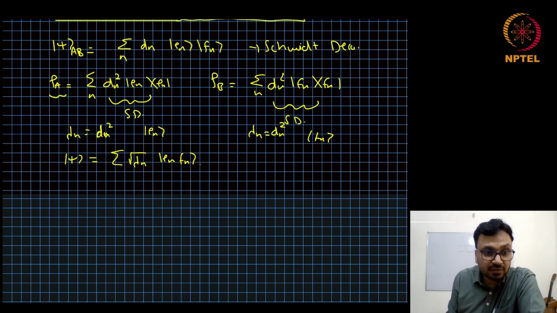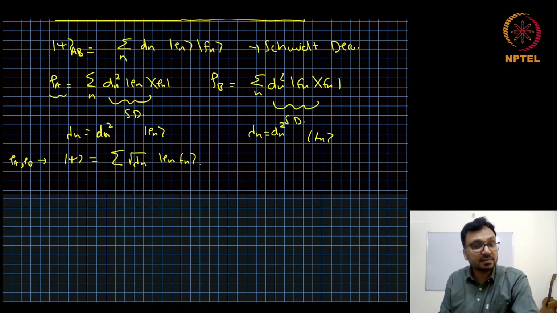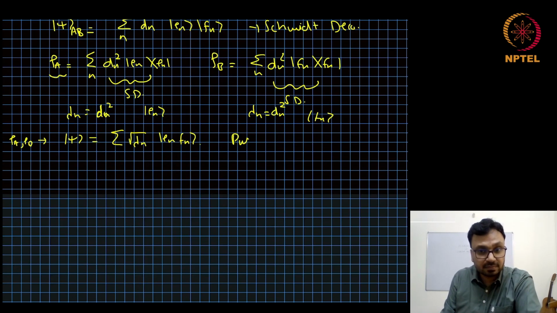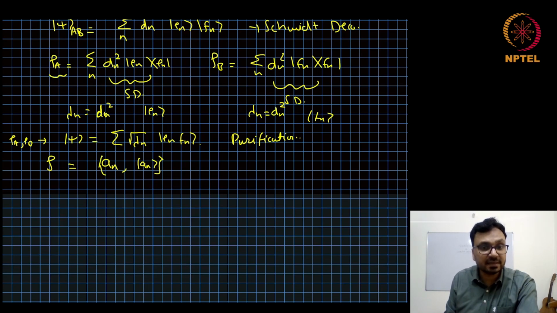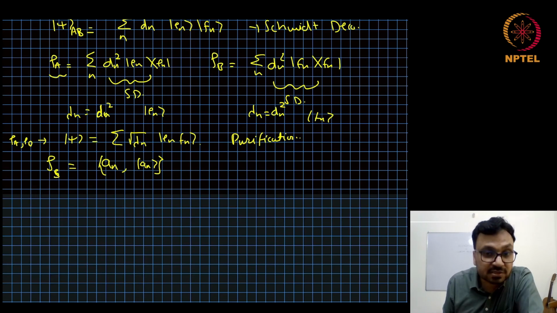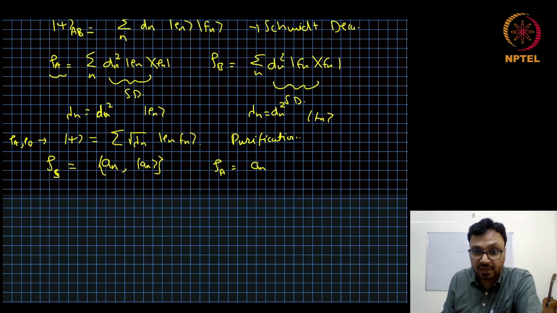So in that way, the connection of the mixed states rho A, rho B to the pure state psi is called purification. Let us say I am given rho such that an are the eigenvalues and en are the eigenvectors of this density matrix. Then I can say this is the density matrix of the system, and there is an ancilla, another Hilbert space, another quantum system, which we do not know and do not care about, but it has a state with eigenvalues an and some eigenvectors fn.